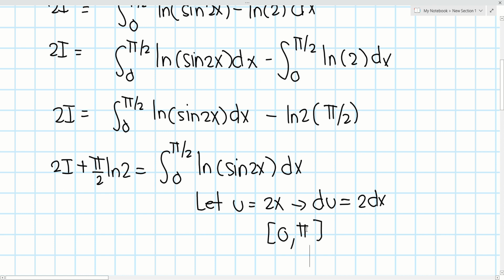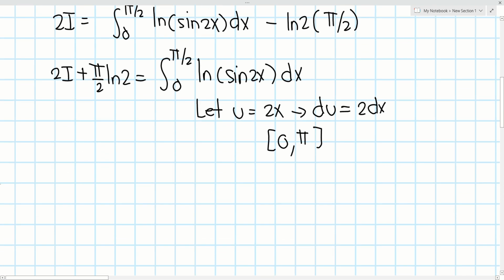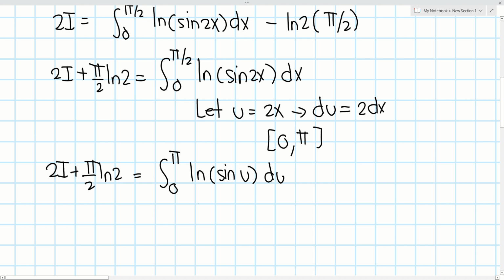So 2I plus pi over 2 ln of 2 is equal to, so our bounds is 0 to pi, and then we have ln of sine u du. Now what's this? Basically this is 2I, because our given was from 0 to pi over 2, right?